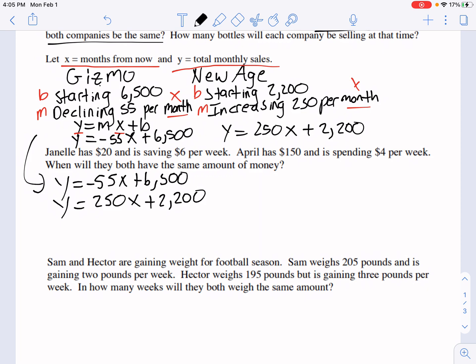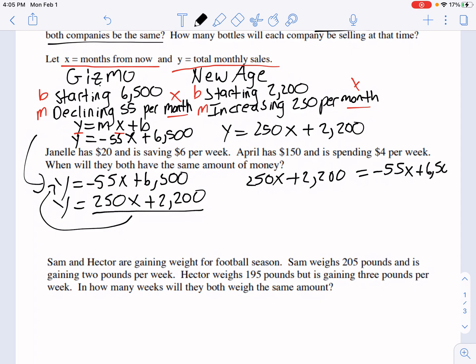Okay, so again, this is a substitution situation. I have one of these solved for one variable, so I can take what this guy is equal to for y and substitute it into the other equation for y. So we'd have 250x plus 2,200 is equal to negative 55x plus 6,500.